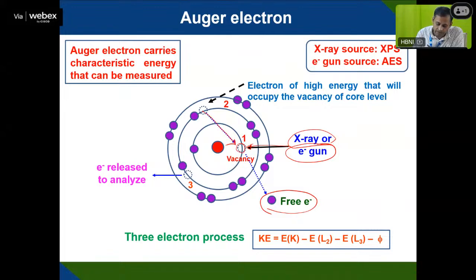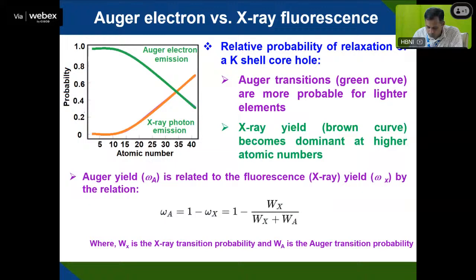Now another vacancy is created at 2. But this electron, being at high energy, releases excess energy, which is sufficient to knock out this electron, and this electron comes out. So this is a 1, 2, 3 electron process, and the kinetic energy equals EK minus EL2 minus EL3 minus the work function. Mostly the photoelectron process directly involves one electron coming out, but the Auger process involves three electrons.